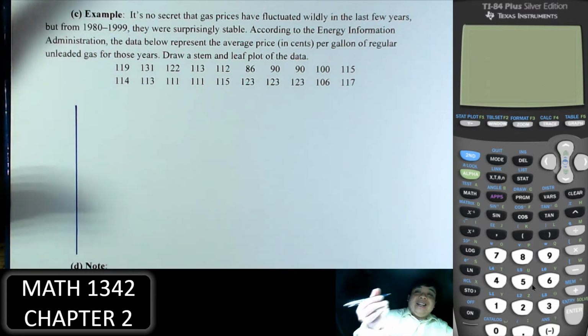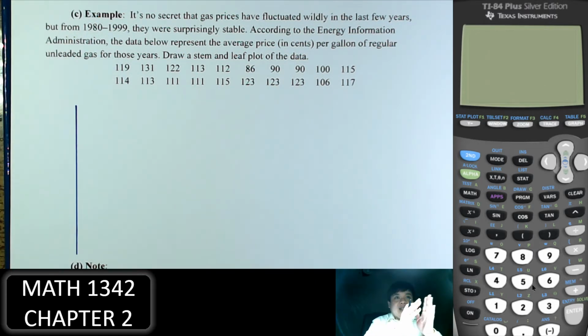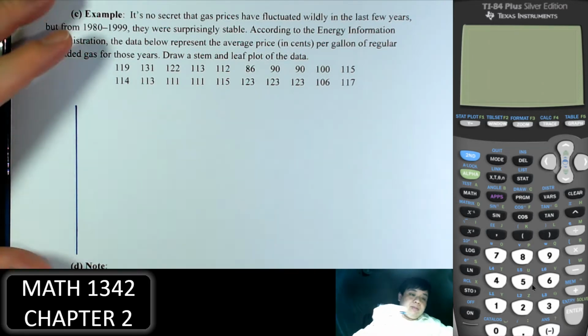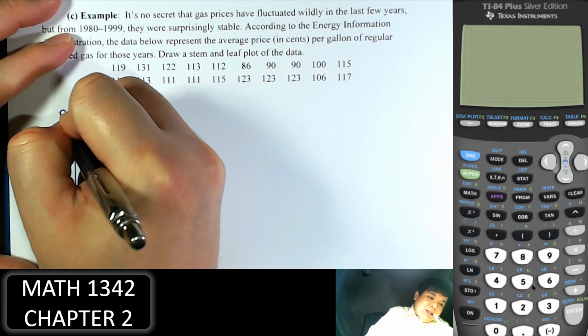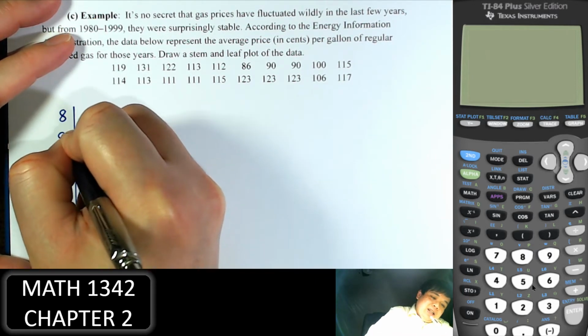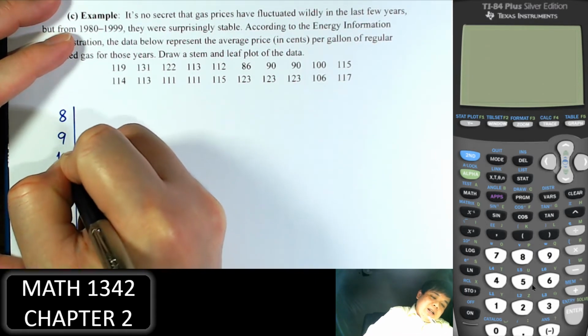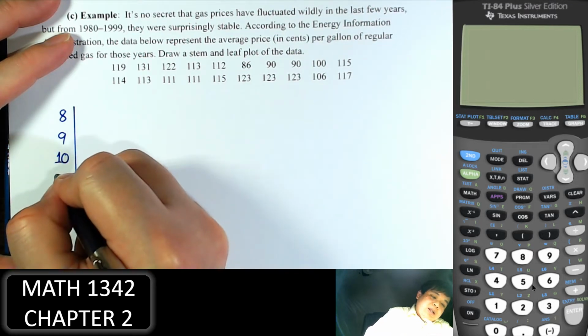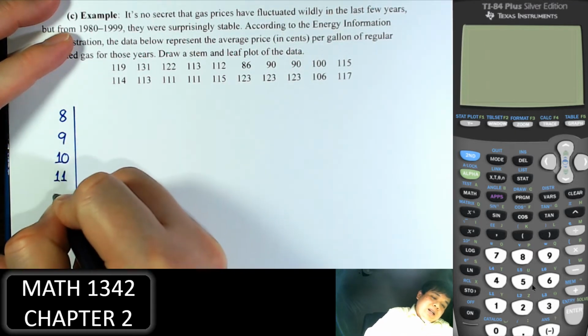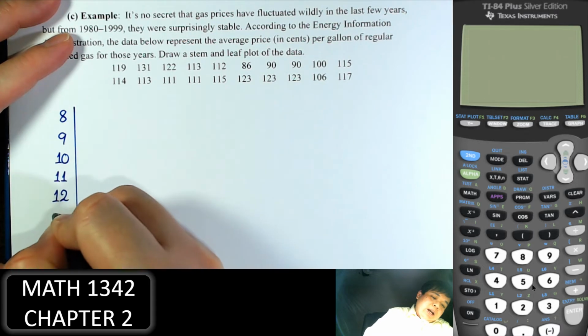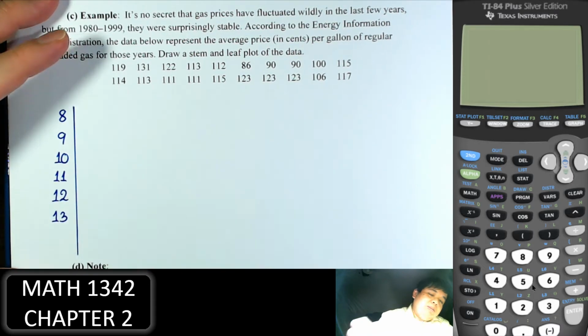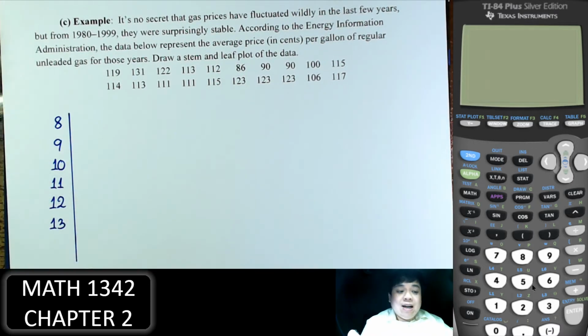So if it is 86, the 6 is the leaf, the 8 is the stem, right? So you have the 80s, the 90s, the 100s, 110s, 120s, and 130s.